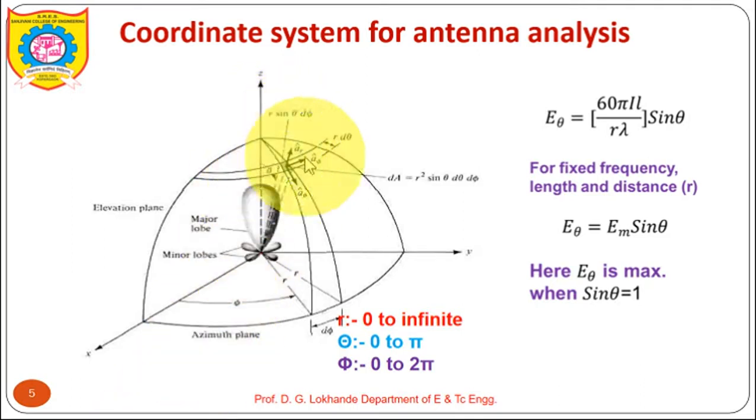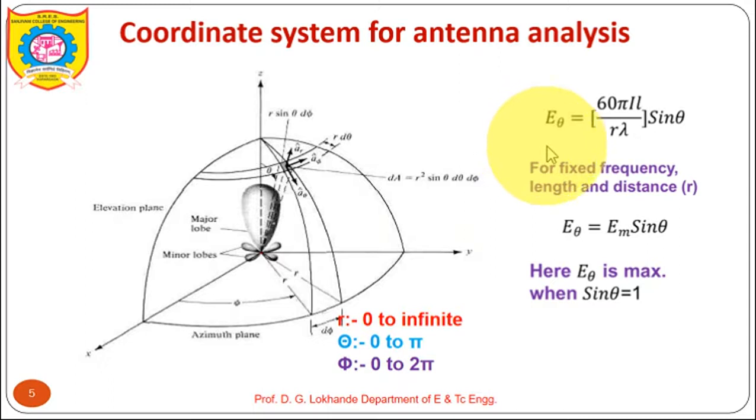Another one is r d theta, and the multiplication of these two components is called the cross sectional area of the particular location. That is, dA is equal to r squared sine of theta d theta d phi.